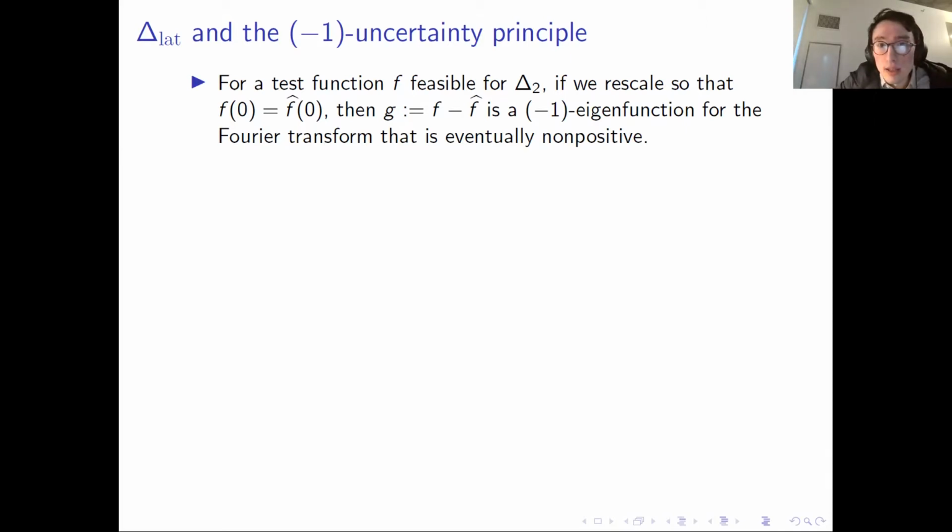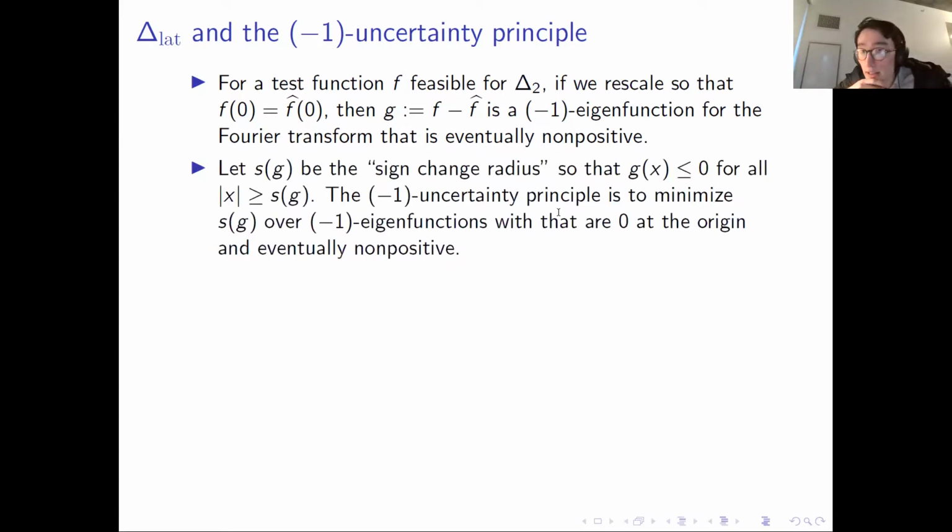And conjecturally, let's formulate an optimization problem. This is the -1 eigenfunction uncertainty principle. We want to minimize the radius of the last sign change among all -1 eigenfunctions that are 0 at the origin.